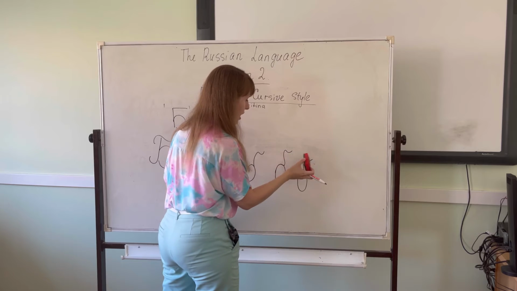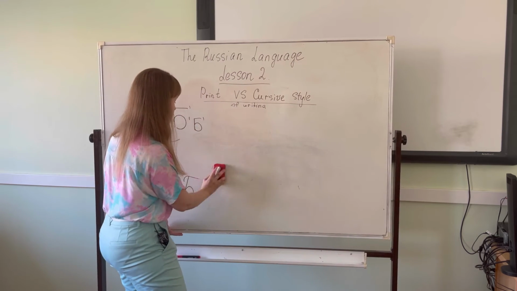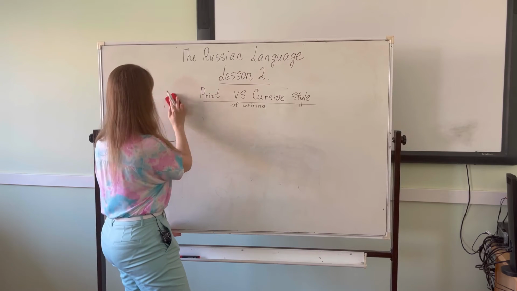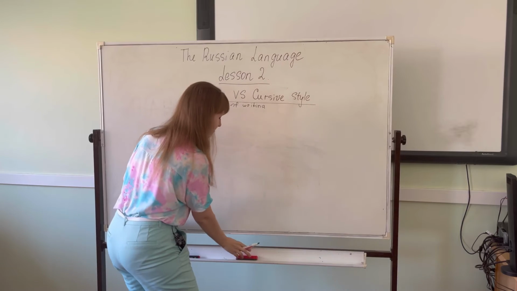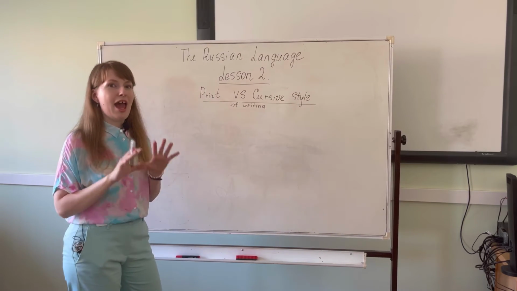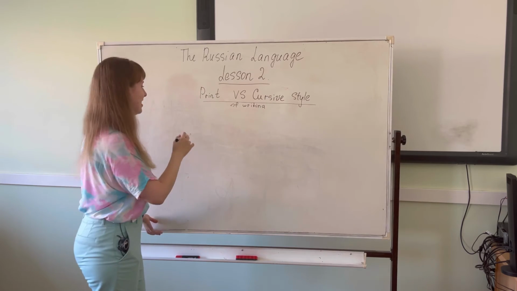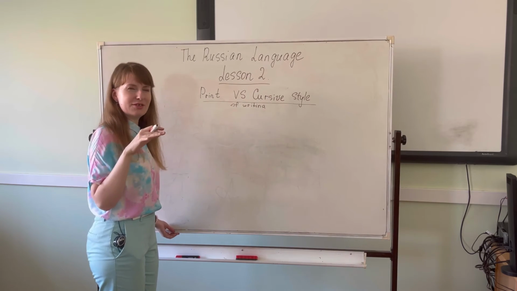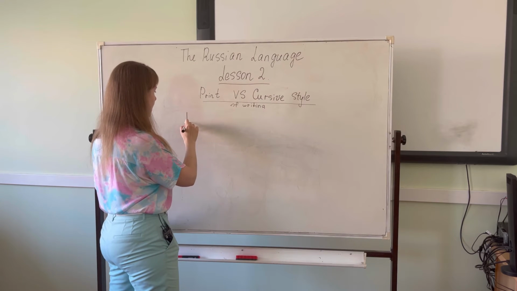Okay, and now I will give you a word starting with this letter. Again it will be a fruit, it will be banan, a banana. It's pretty similar in Russian as in English. So, banan.